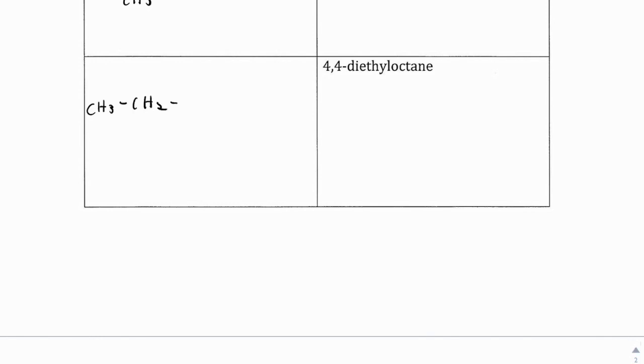Just do this real fast. To this carbon right here, carbon 4 has ethyls attached to it.